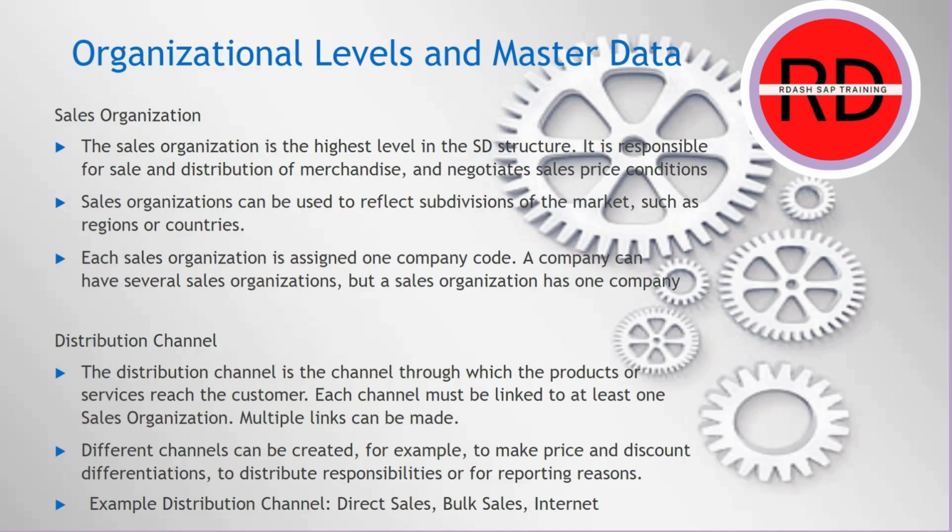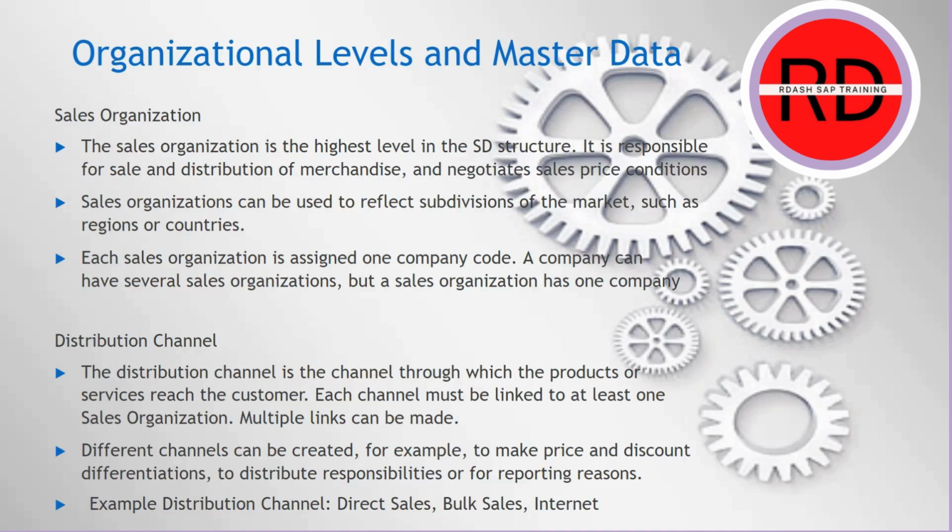Each channel must be linked to at least one sales organization. Multiple links can be possible. That means assignment of distribution channel to the sales organization. More than one distribution channel can be linked to the sales organization. So different channels can be created based on the business requirement, based on the interpretation of your business process.